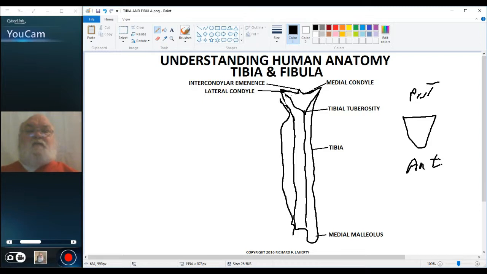The distal end articulates with the tibia, and then there's an extension inferiorly, the lateral malleolus, and we'll then come back up and over to the head. So now this is the fibula.